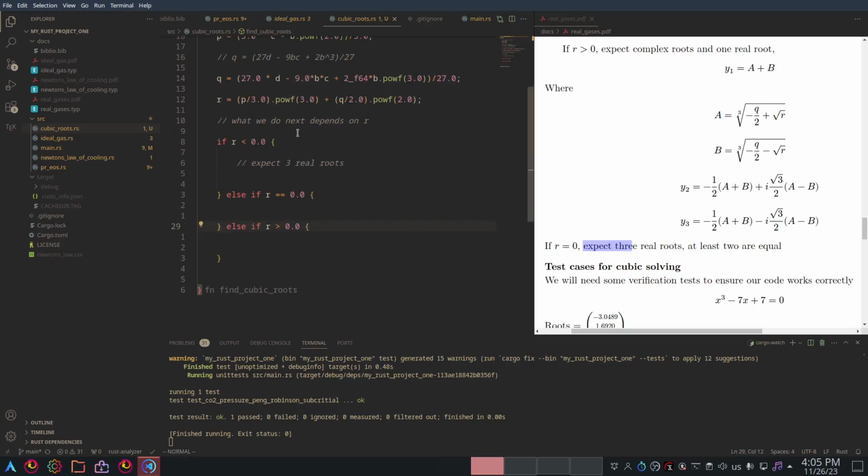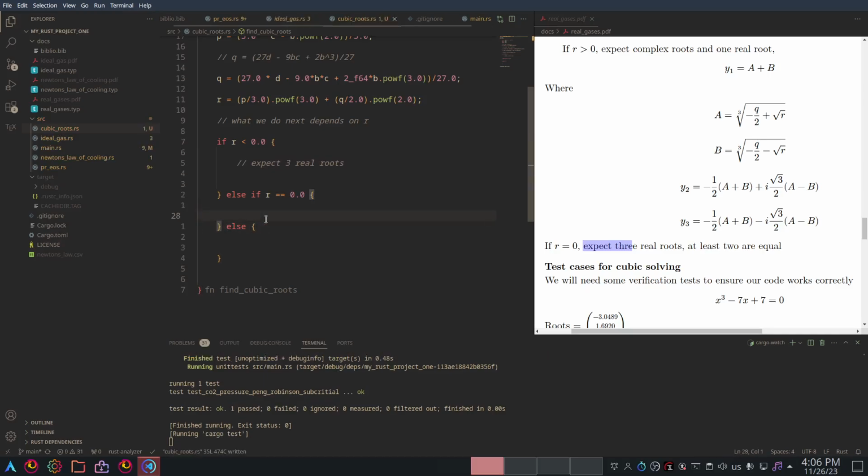Since these three cases represent the entire set of real numbers, I don't need to check again if r is more than 0, because if r is not less than 0 and r is not 0, then r has to be more than 0. So I can actually delete this thing here, and we will have this if else statement.